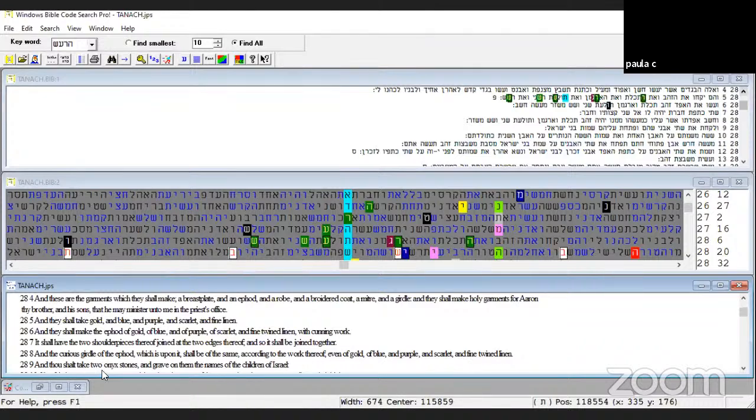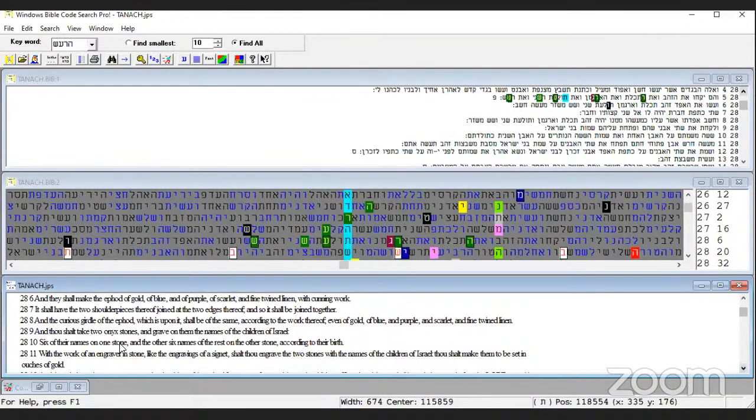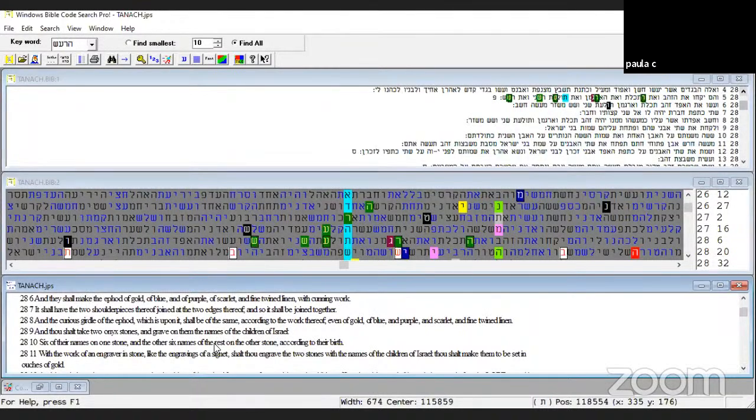And thou shalt take 2 onyx stones and grave on them the names of the children of Israel. 6 names on one stone, and the other 6 names of the rest on the other stone, according with the work of an engraver in stone, like the engravings of a signet. Thou shalt engrave the 2 stones with the names of the children of Israel.